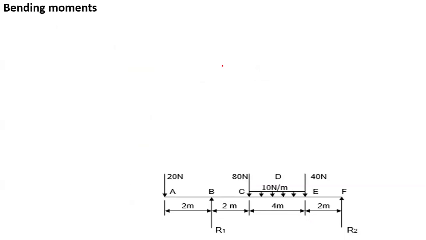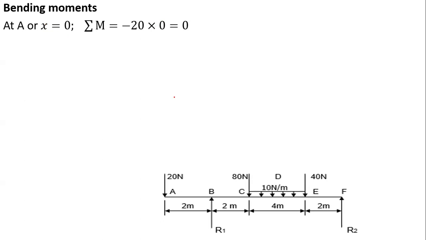For the bending moments, things are very simple because we move point by point. So I'm at point A. Here, my distance is 0. So what am I going to have? I'll have negative 20 multiplied by 0. Now note, for those of you who are really mathematical, you can take variable x to represent the distance, so that as we keep changing, here you'll be putting 20x and then it continues.